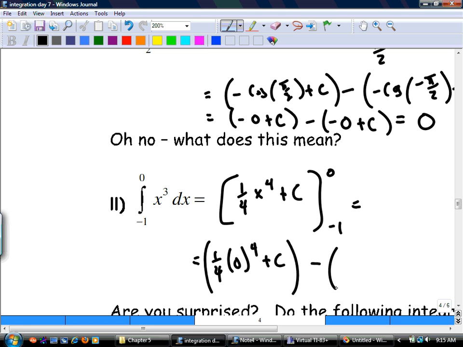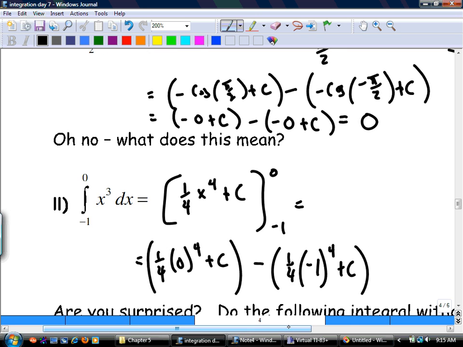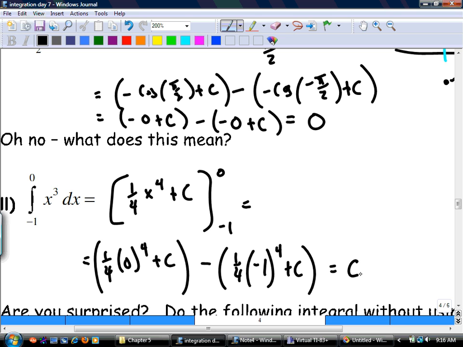Sub in negative 1. You get c minus 1/4 minus c. You get negative 1/4, yes?